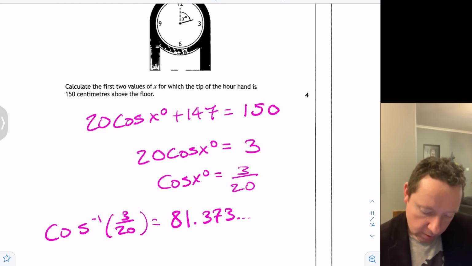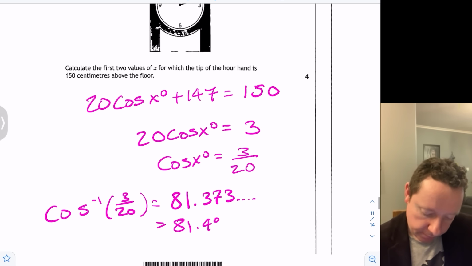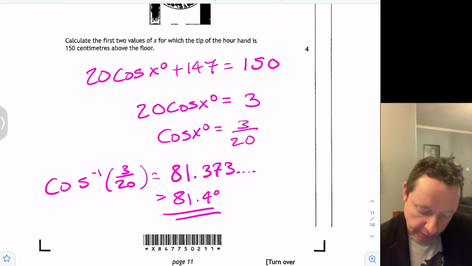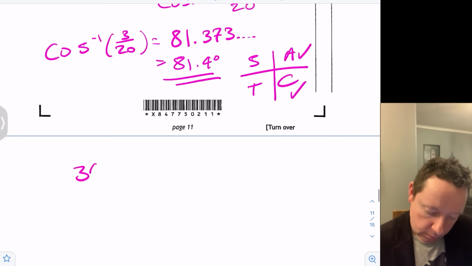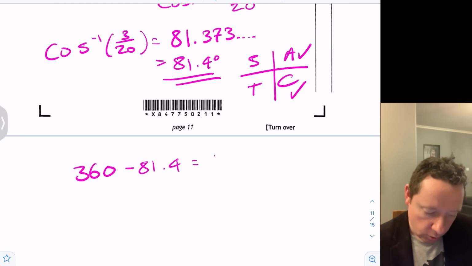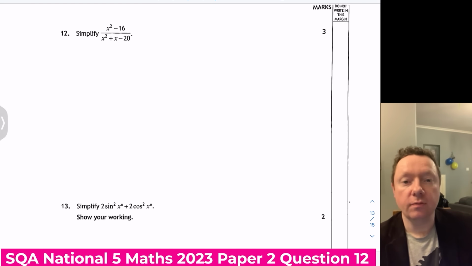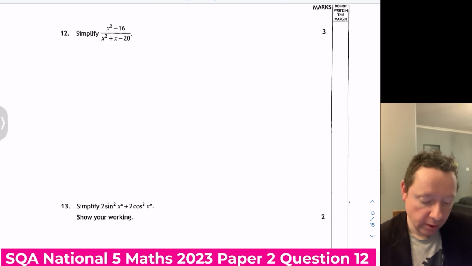Or we could just say 81.4 degrees, but that's one. So now we need our CAST diagram. Our cos was positive, so we need to do 360 minus 81.4, to get 278.6 degrees.